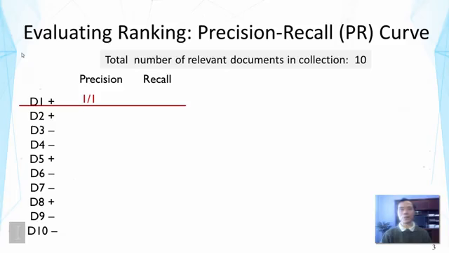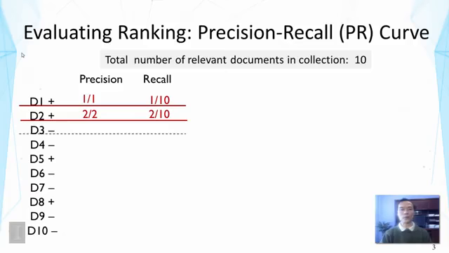Well, note that we assume that there are 10 relevant documents for this query in the collection. So it's 1 out of 10. What if the user stops at the second position? Top 2. Well, the precision is the same, 100%, 2 out of 2, and the recall is 2 out of 10.